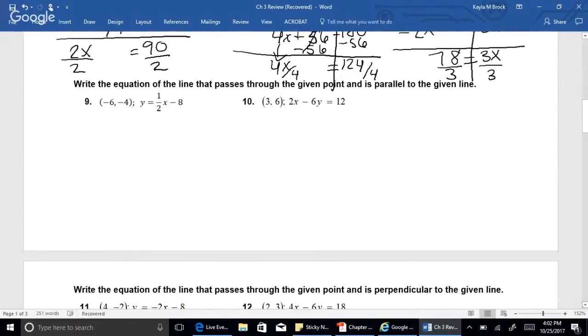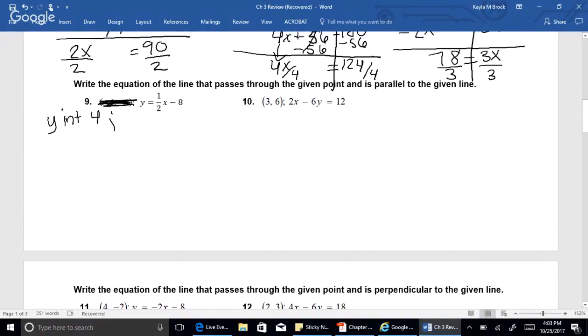Now 9 and 10 are a little bit different on the worksheet that I gave you. So what I'm going to do is I'm going to cross out this. And question 9, I said that the y-intercept is 4. And then the equation is y equals 1/2 x minus 8.